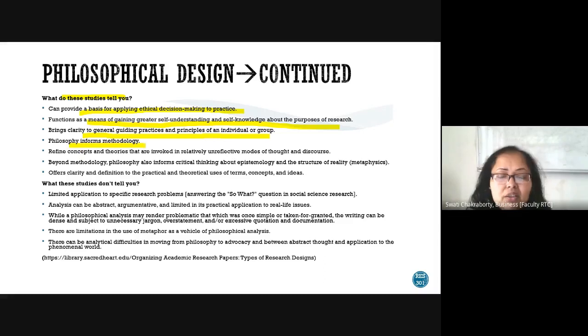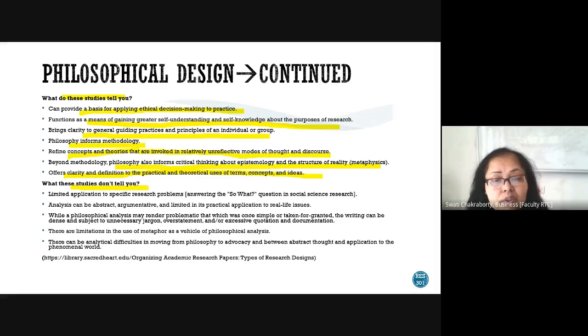They inform the methodology, refine concepts and theories that are invoked in relatively unreflective modes of thought and discourse, and inform critical thinking about epistemology and the structure of reality. They help bring clarity and definition to the practical and theoretical uses of certain norms, theories, concepts, or ideas.